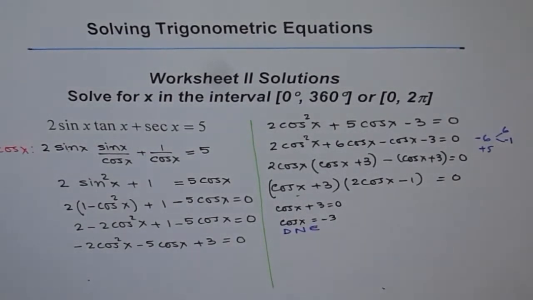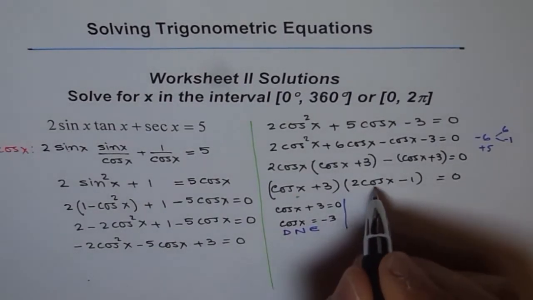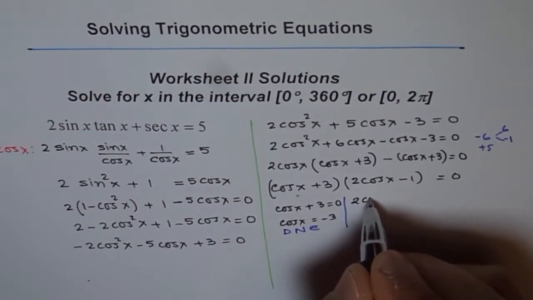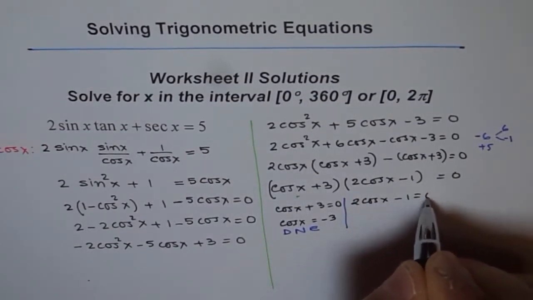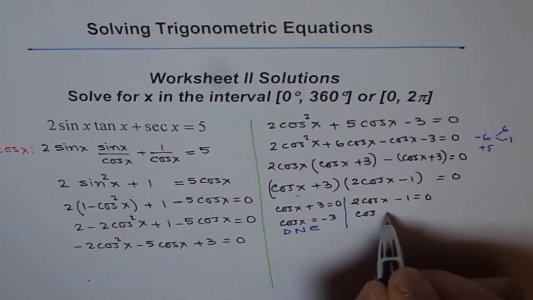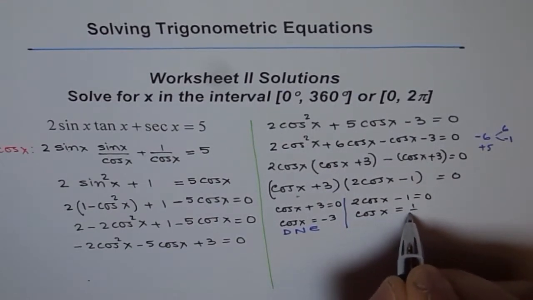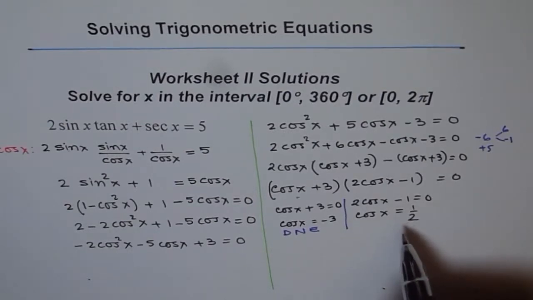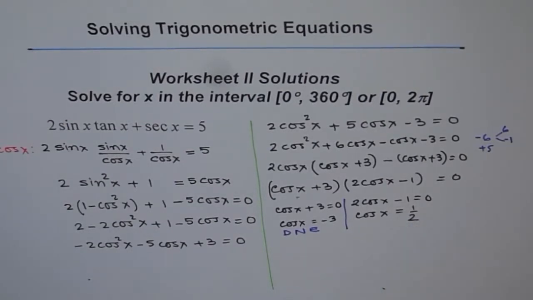So that is discarded. Now the other solution is 2 cos x minus 1 equals 0, and that gives us cos x equal to half, right? So within 2 pi we can definitely have cos x is half, correct?